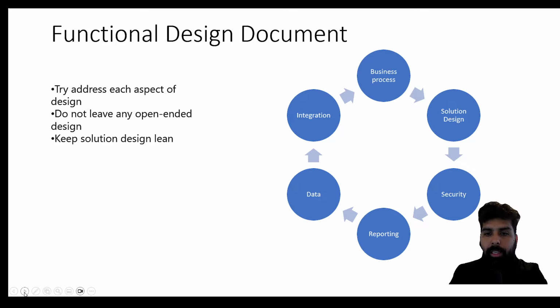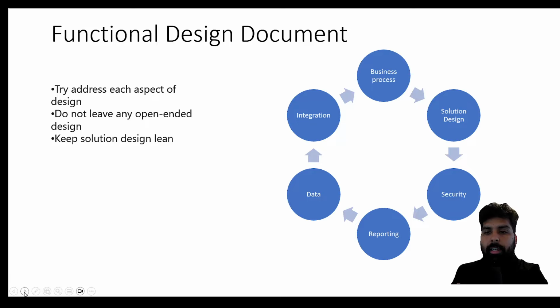Did we have any alternative solution for that to avoid the development? If yes, then we can highlight that. So we need to explain the end-to-end business process in the area or the place where that business process is having the gap. The next thing is solution design.